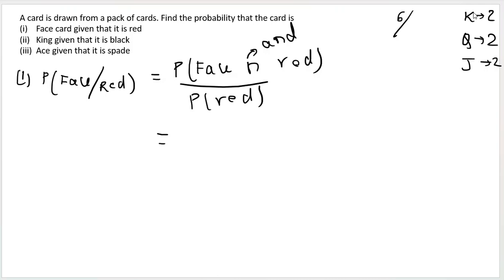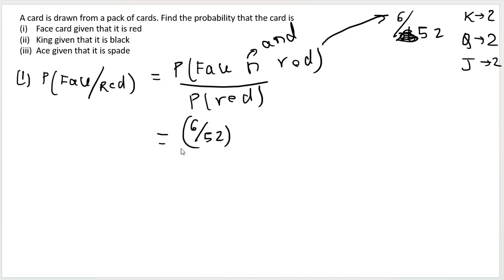These are a total of 6 cards, and these are out of 52. So probability of getting a face as well as a red card is 6 upon 52, because these are the 6 favorable outcomes and 52 are the total number of outcomes possible.